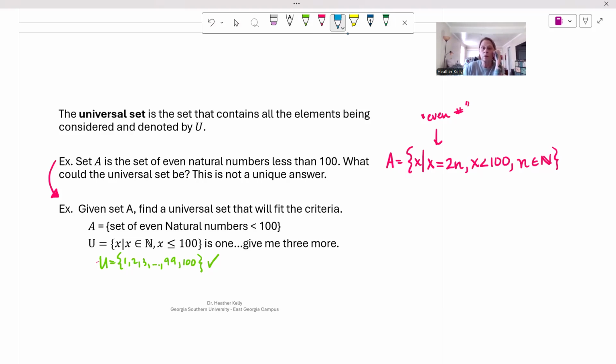If we were in the classroom, I would have you holler them out to me. But since we're not, there are the obvious ones. We could say X such that X is an element of the natural numbers and just leave it at that. It's all the natural numbers. That is an infinite set, though, not finite.